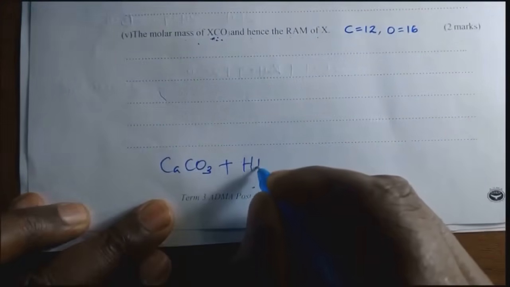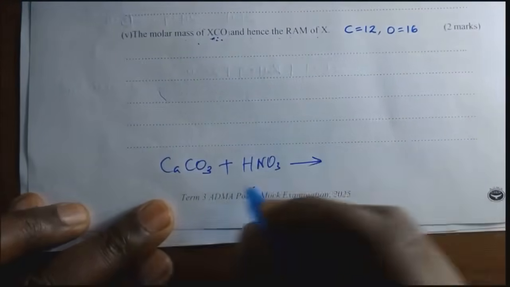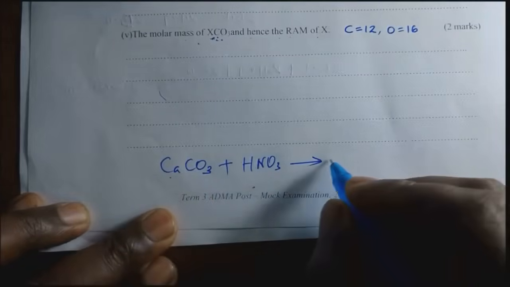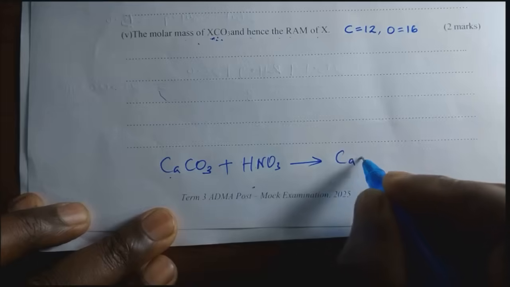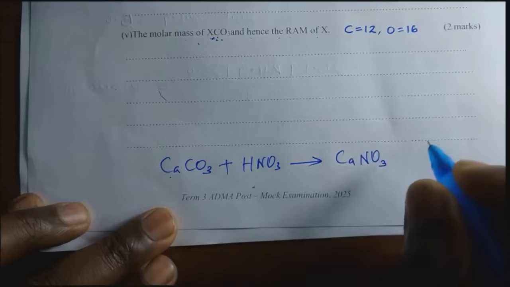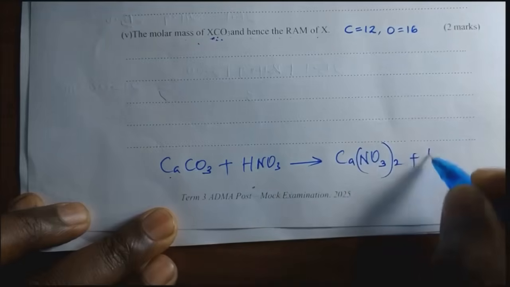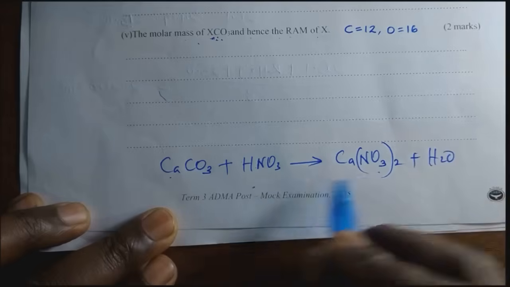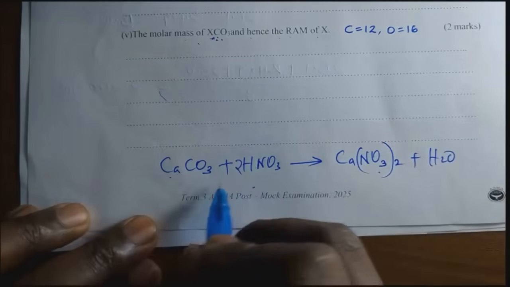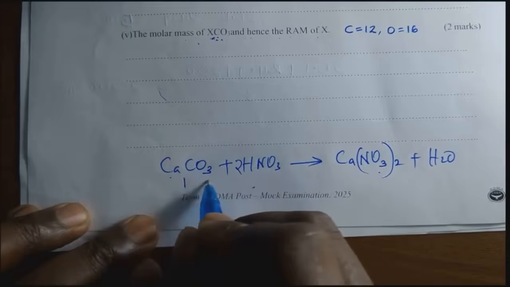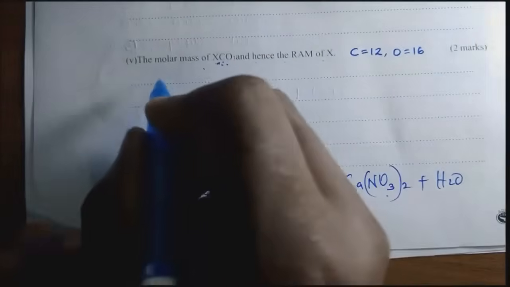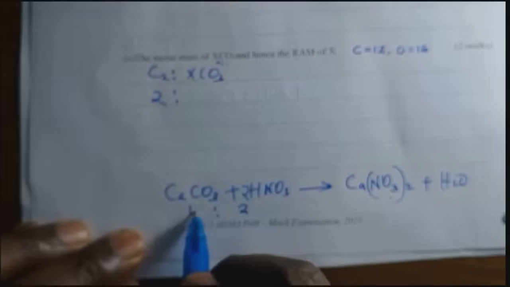When you write this, the reaction gives calcium nitrate plus water. The nitrate is 2, so the mole ratio is 1 to 2. So the mole ratio for the C2, which is the acid, and the X carbonate is that the acid is 2 and the carbonate is 1.